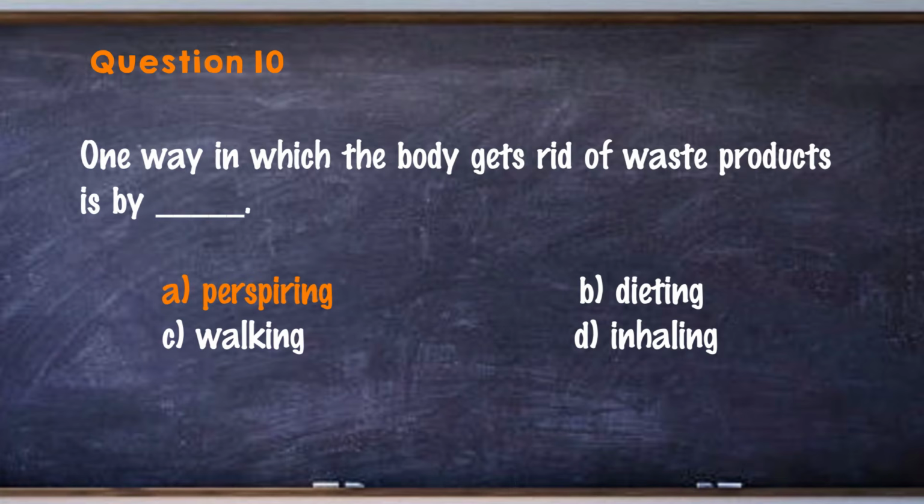One way in which the body gets rid of waste product is by perspiring, okay? When we perspire, that liquid that comes out is waste.